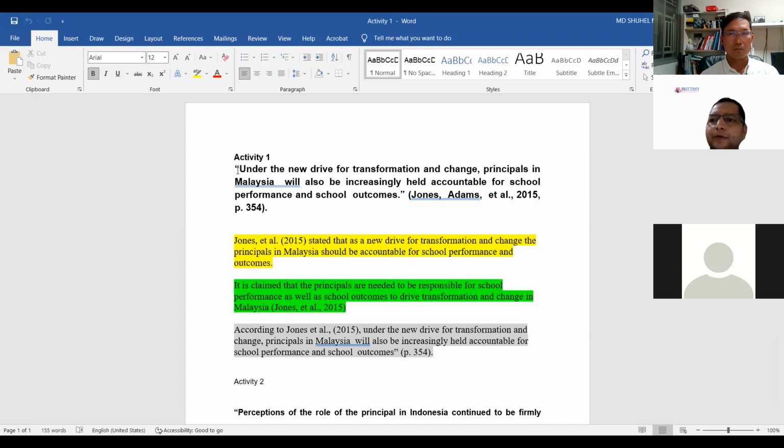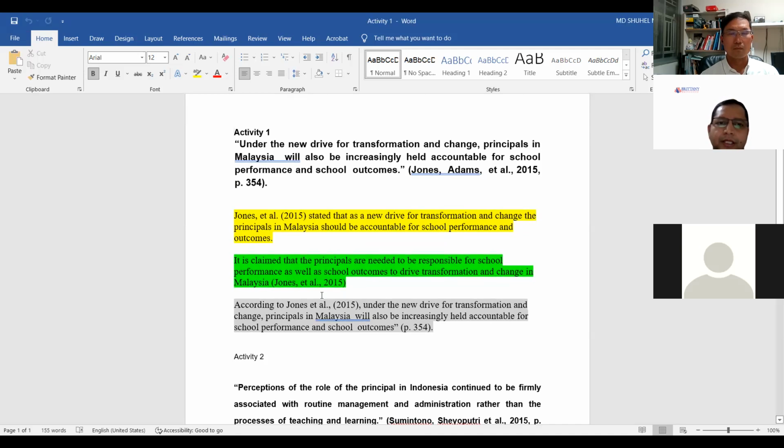There are different types of paraphrase, different ways you can do it. I have stated three modes here. The first one, I put John et al. stated that as a new drive of transformation and change, principals in Malaysia should be accountable for. So same idea, but in different language. This is style number one. You can do another style: it is claimed that principals need to be responsible for school performance as well as school outcomes to drive transformation and change in Malaysia. You see, the same.